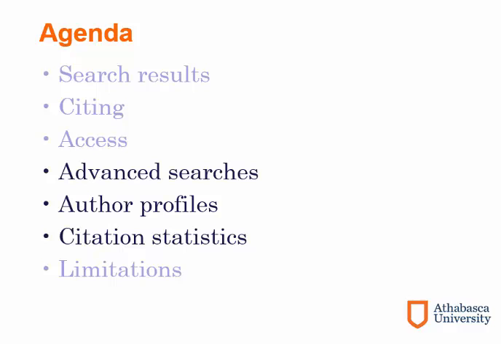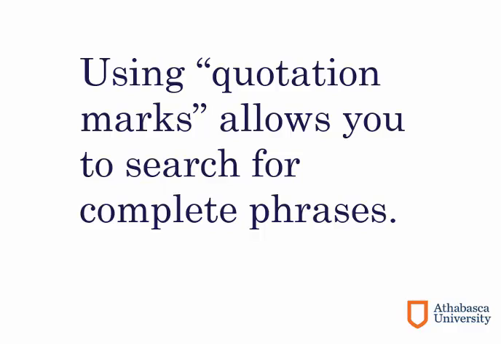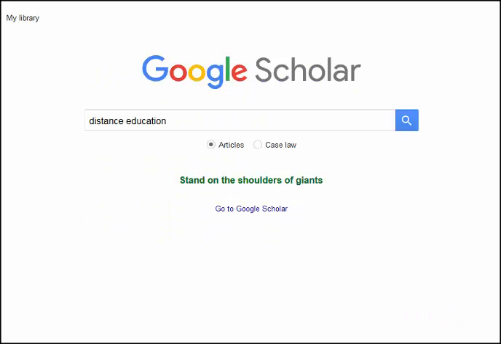Now, let's look at simple ways to focus a Google Scholar search by increasing relevance. Using quotation marks in Google Scholar allows you to search for complete phrases. I will demonstrate what your search looks like both without and with quotation marks. Let's do a search for distance education using no quotation marks.